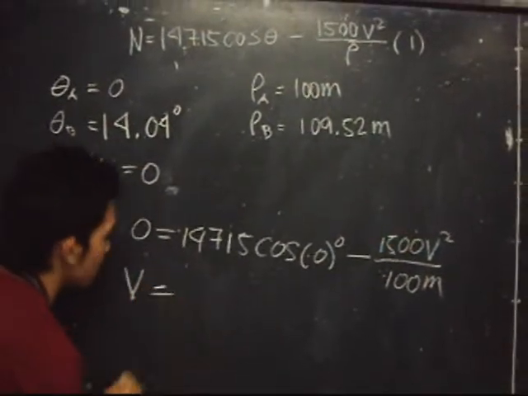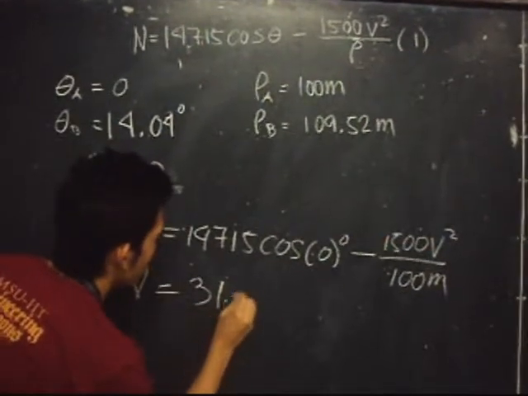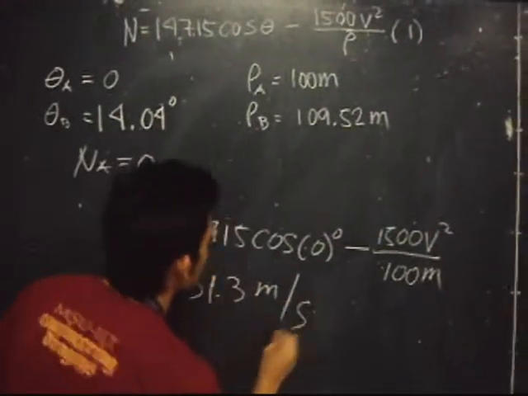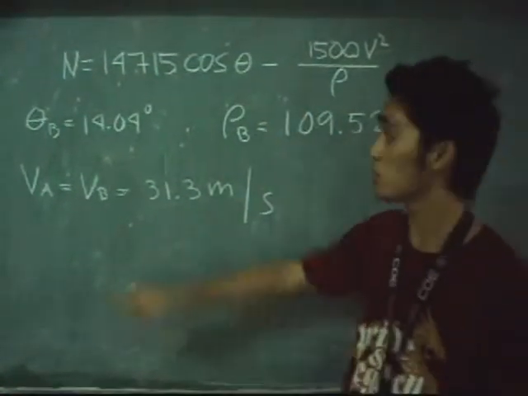Solving for our velocity, we have 31.3 meters per second.